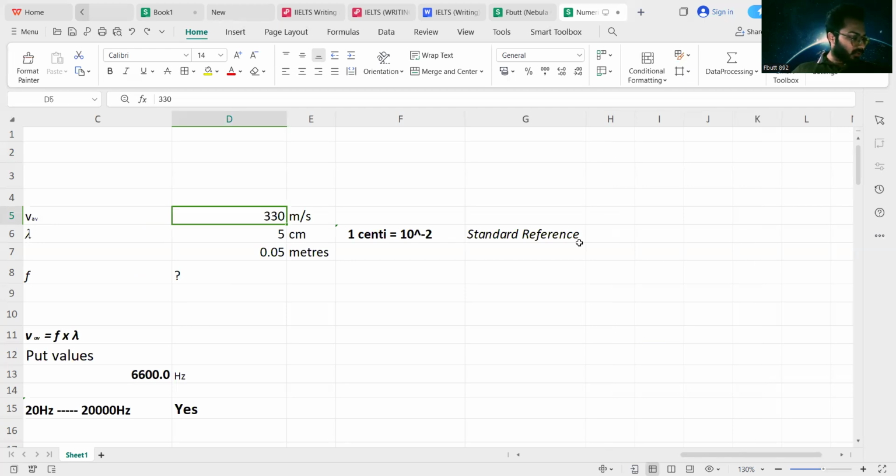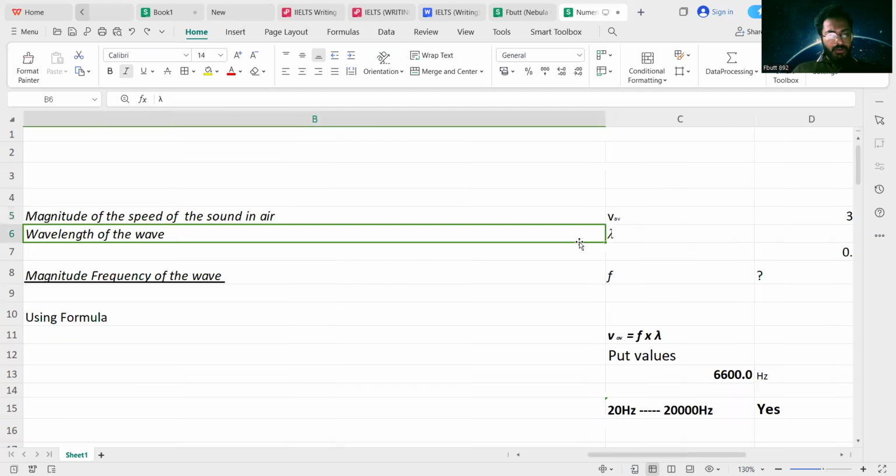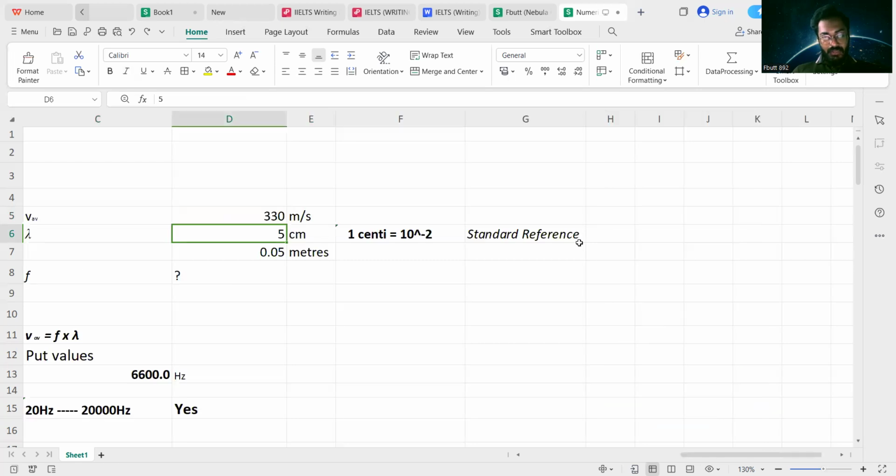If the wavelength of a note or a sound is 5 centimeters, calculate the frequency of the sound wave. It's a very simple, convenient and straightforward numerical of chapter 11. The examiner has given the wavelength of the wave, lambda is equivalent to 5 centimeters. As we know, in the SI system, the unit used to express the magnitude of wavelength, the length of a path between two positions, is meters.